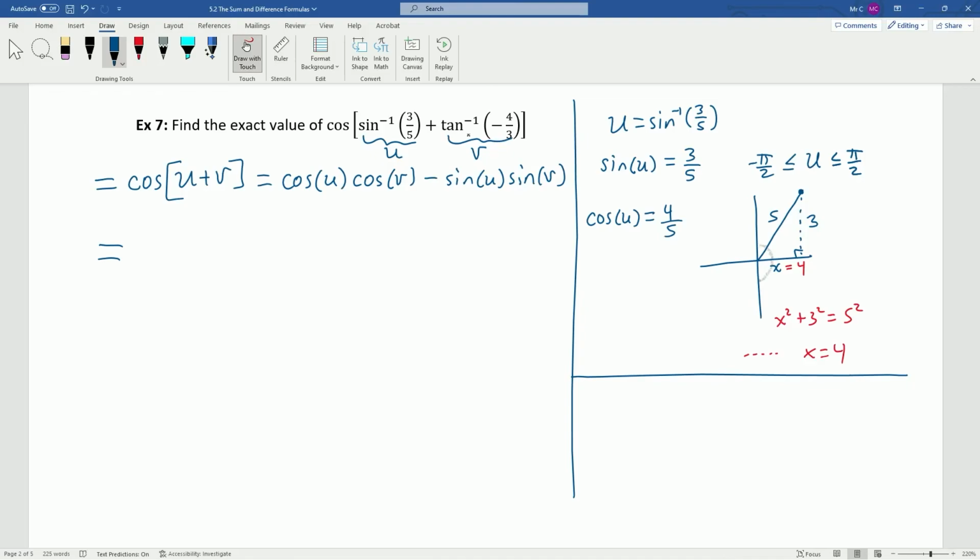And now we use our other piece of information, that v equals tangent inverse of negative 4/3, which tells us that tangent of v is negative 4/3. Of course, the condition for tangent inverse is that v has to be between negative pi over 2 and positive pi over 2.